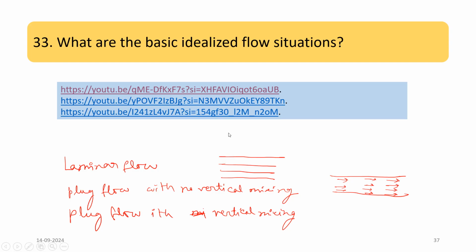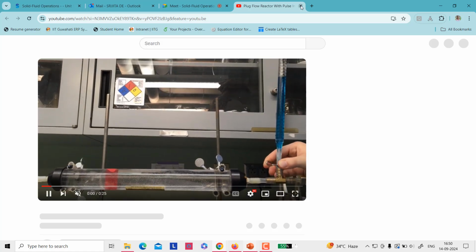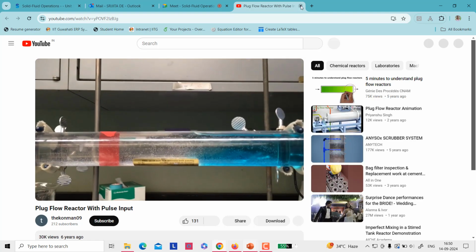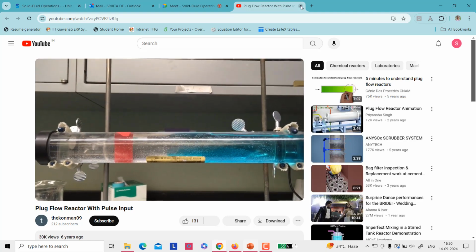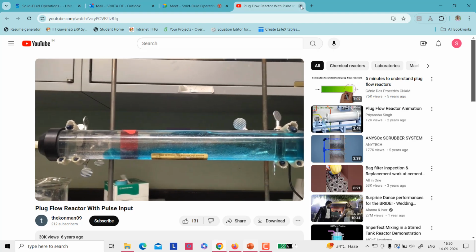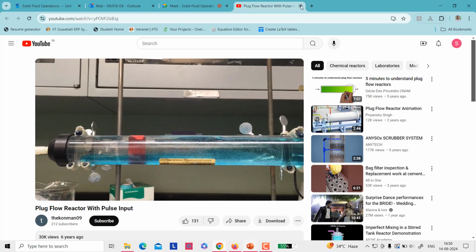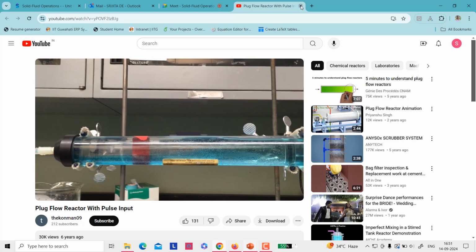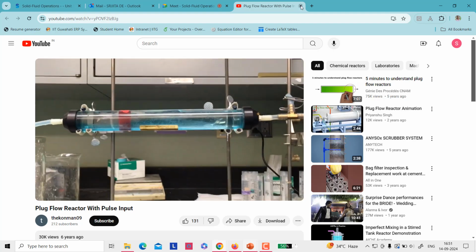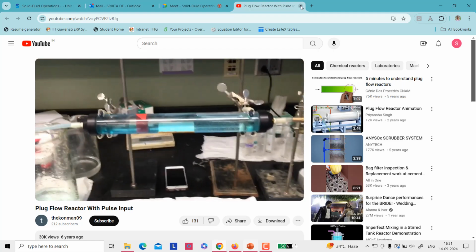Next is the plug flow without vertical mixing. So you can see this is a step input. After one step, they are stepwise inputting.